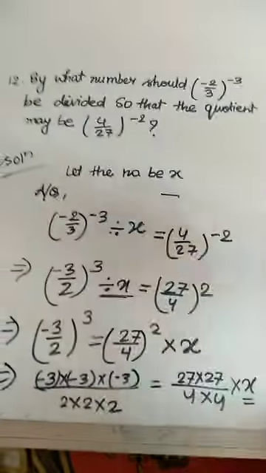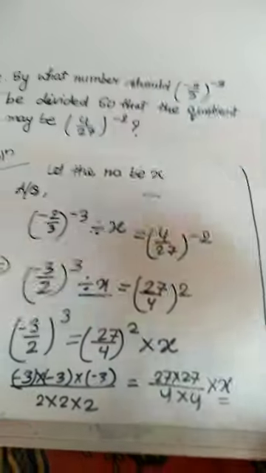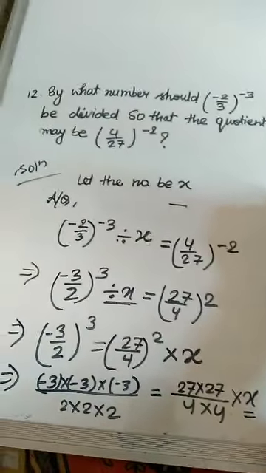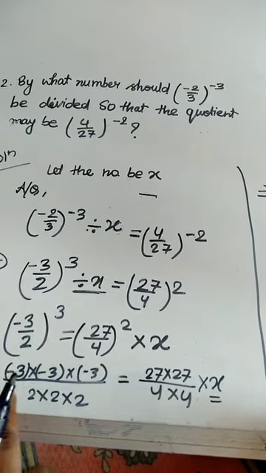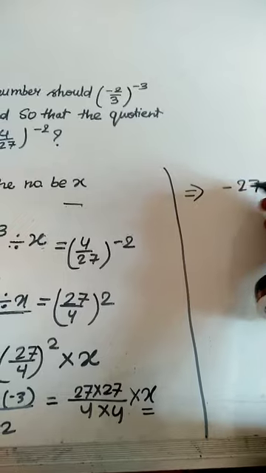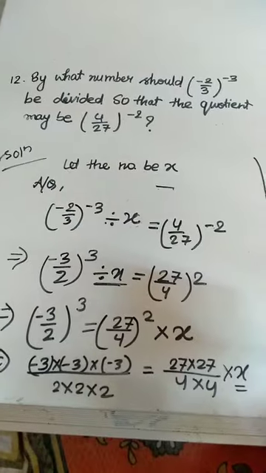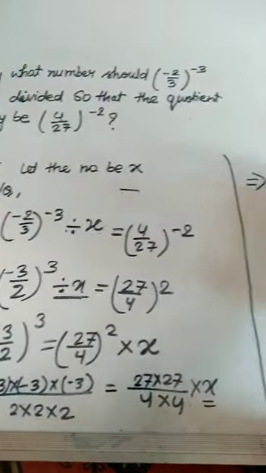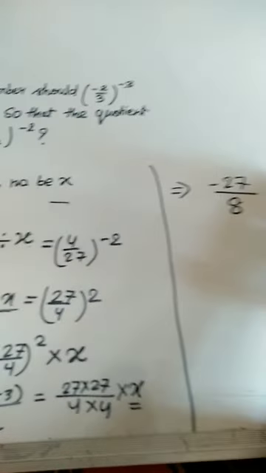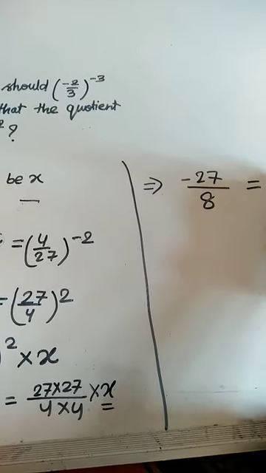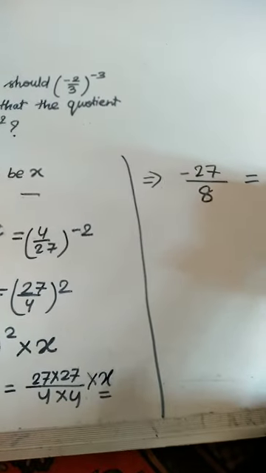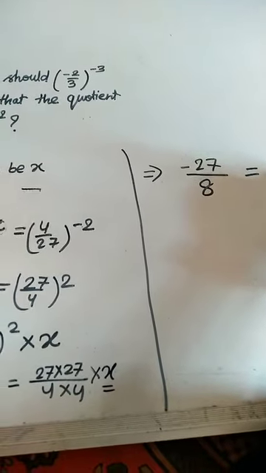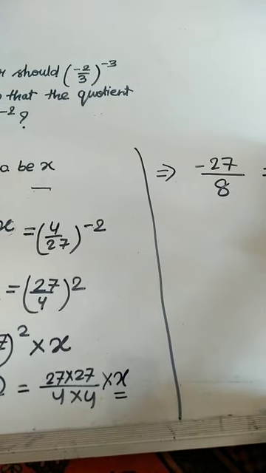So this one we can write as (-3) × (-3) × (-3), 3 3s are 9, 9 3s are 27, so -27 divided by 2 2s are 4, 4 2s are 8, is equal to 27 × 27, I am not solving this one, divided by 4 4s are 16, into x.